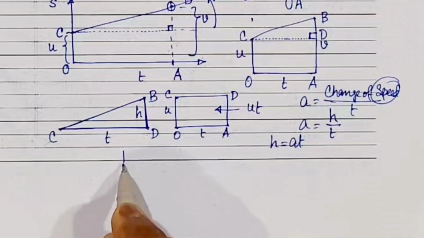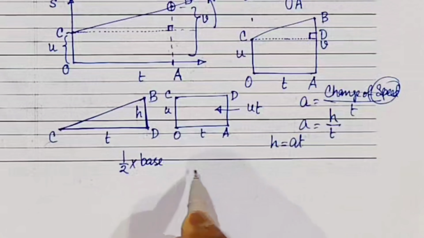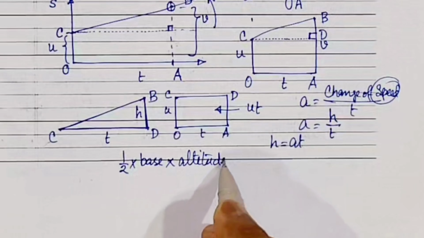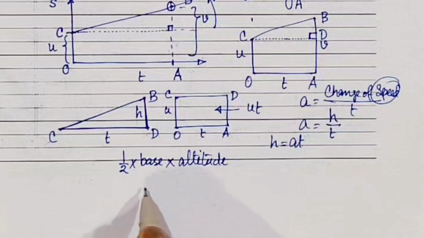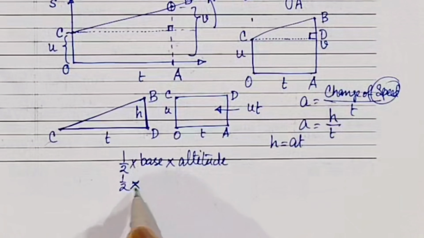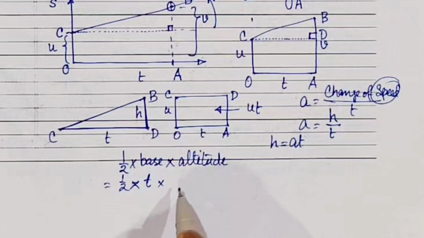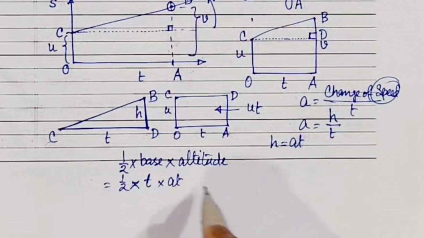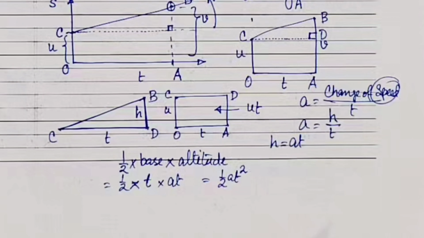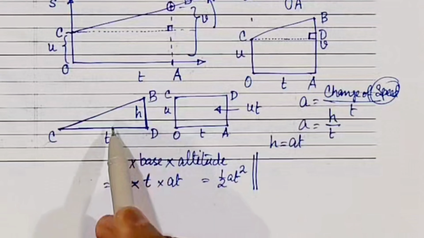Area of the triangle is half into base into altitude, which is half T into AT. That is half AT square.